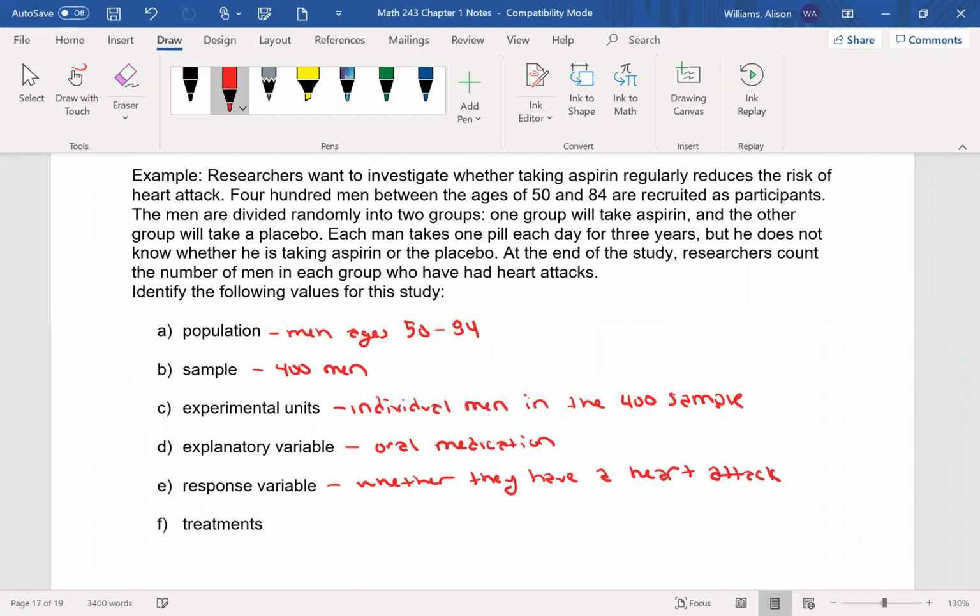Maybe somebody might have a heart attack a month after doing this. Somebody might have a heart attack 2 years after doing this study, right? The question is, are those the people taking the placebo, or are they happening at a more frequent rate than those who are not? Okay, so the treatments are the two pills. That would be the aspirin and the placebo.